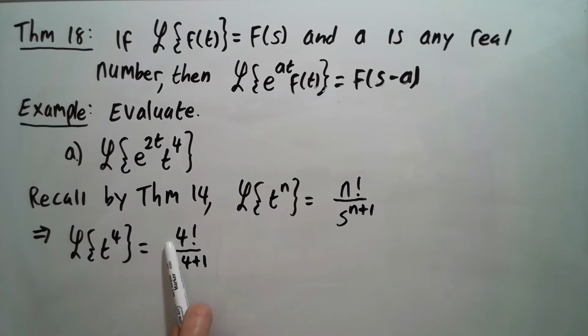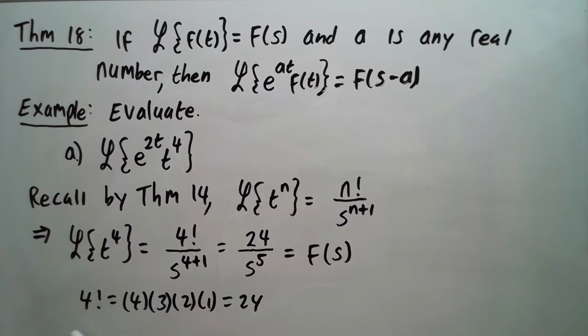You'd have 4 factorial over s to the n plus 1. And 4 factorial means 4 times 3 times 2 times 1. So that's 24 if you multiply it out, over s to the fifth.